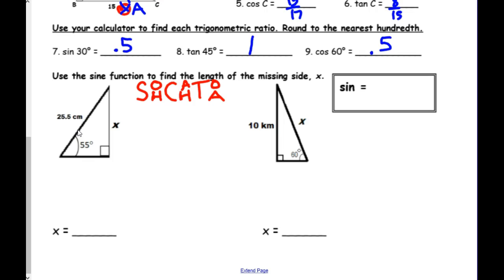Go now. Did y'all actually do it in 10 seconds? All right, do it now. 10 seconds now. Label O, H, and A.